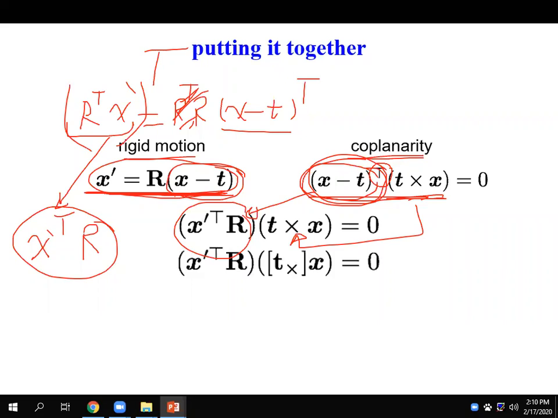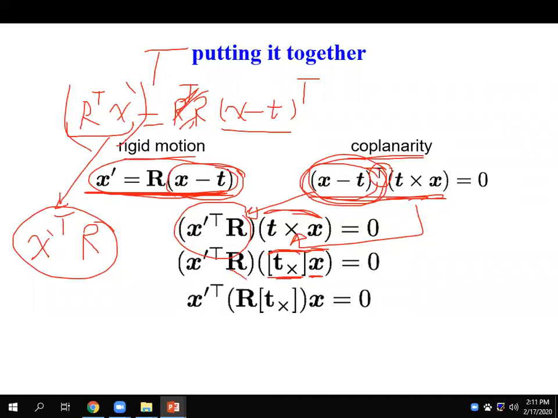Okay, what's next? We already said that T cross product with X can be written as a multiplication of two matrices. If you remember, for A cross B, I told you that we can write it as A cross matrix multiplied by B. So T cross X can also be a matrix T multiplied by X, as I showed you earlier. Nothing new.